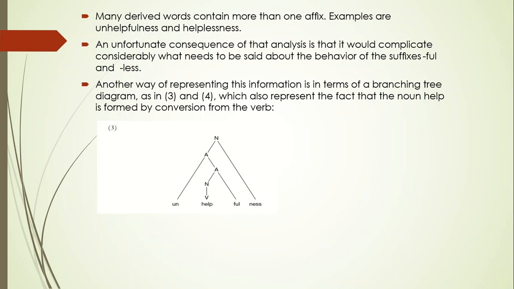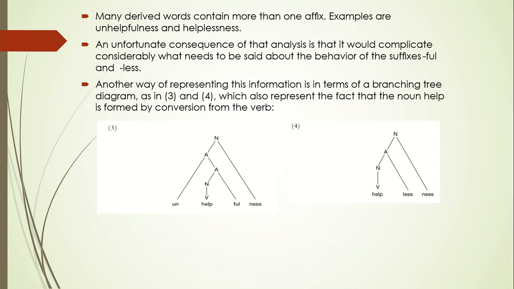So, next is number 4. Like helplessness. It is noun to affix, and from affix to noun down to verb. So, help is a verb. The affix there is less. So, the noun is ness.